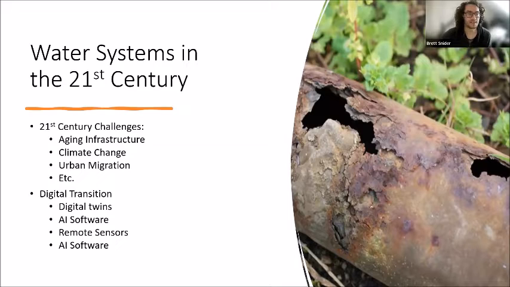So as many of you who are coming to this presentation are probably well aware, there's a multitude of issues facing water systems in the 21st century. First off, I think one of the major ones is the aging infrastructure. This is something that my PhD research was largely on, and what's probably well known is that many of these water systems and their infrastructure have been built over many, many decades.